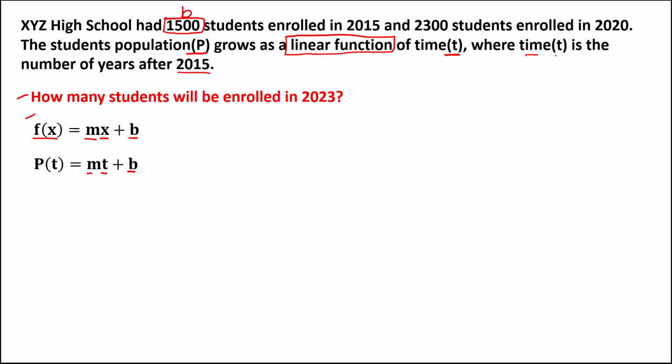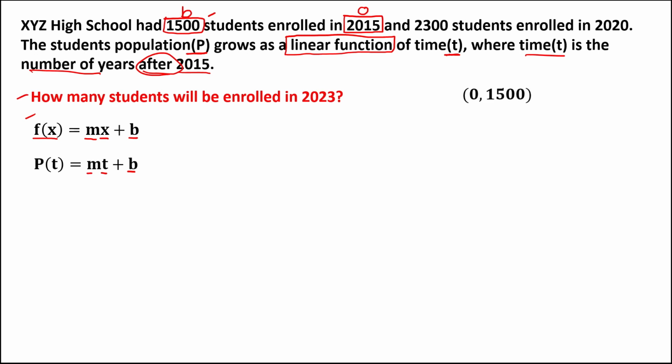Since the time is the number of years after 2015, therefore in 2015 the time is equal to 0, and the population is 1,500. So we have now our first coordinate, 0 and 1,500.